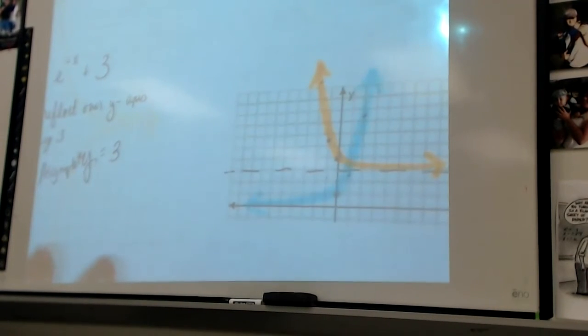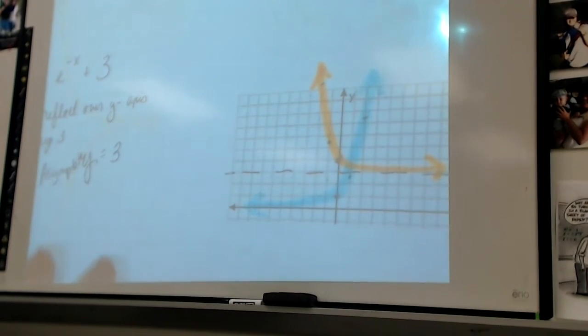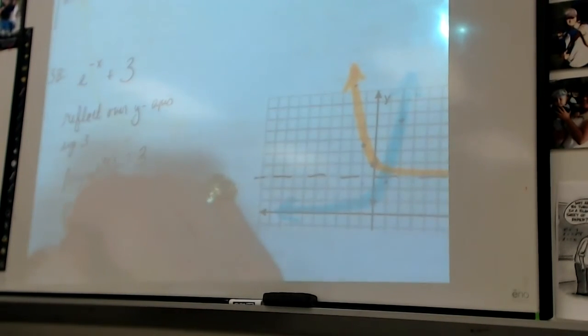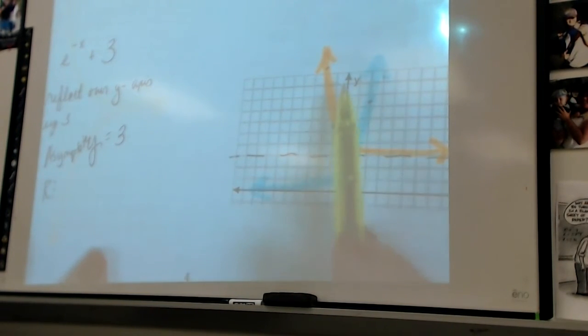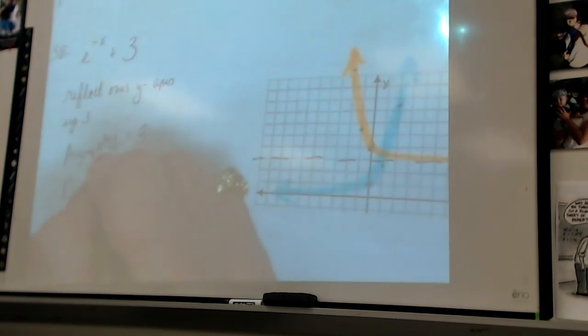And we could talk about all the other things, but I think y'all get an idea. Look at the range now. What's the range? What's the lowest? How low does it go? No, this one. 3. So from 3 to infinity is the range on this one, not including 3.